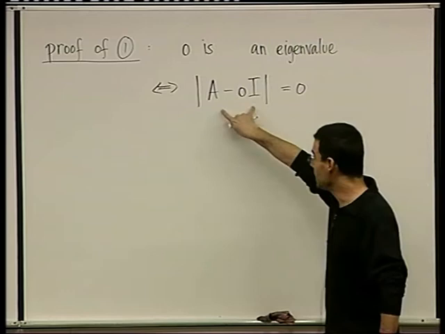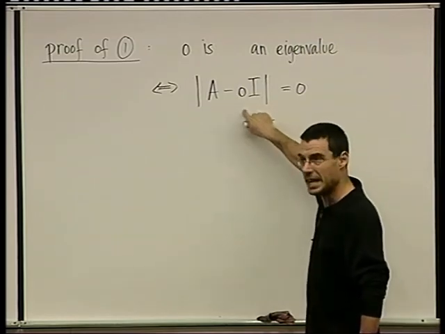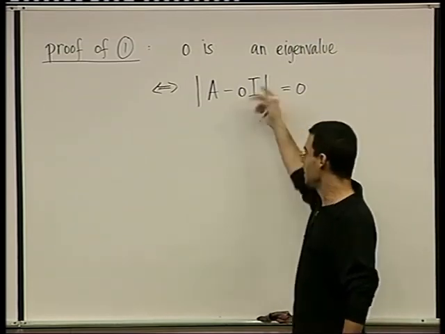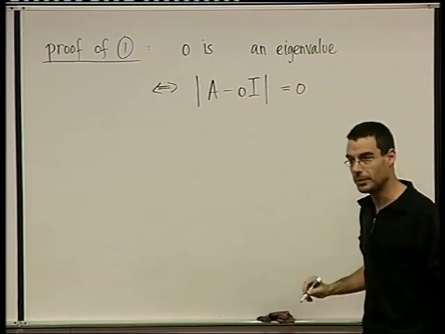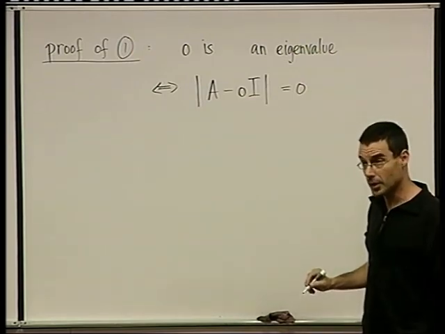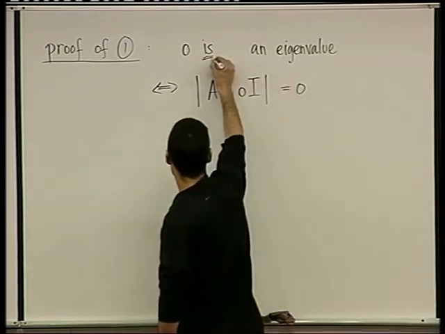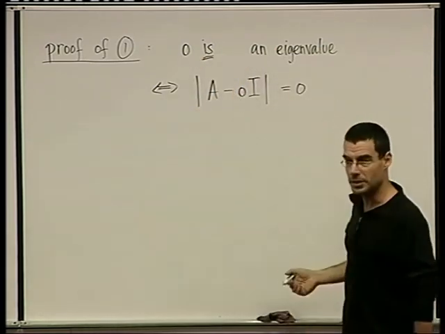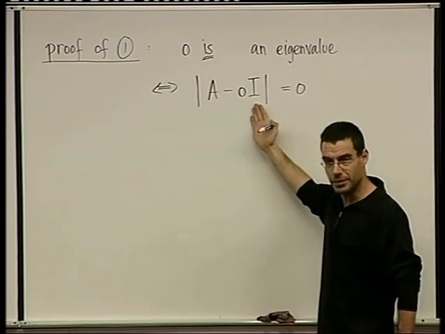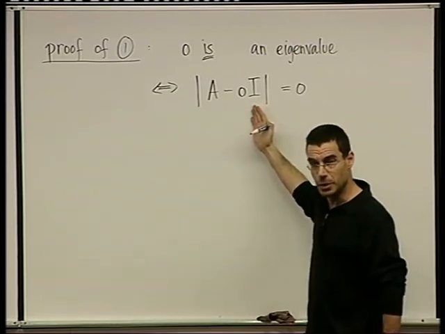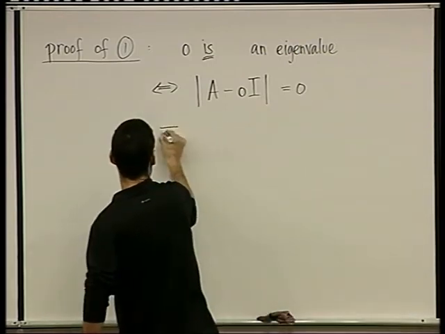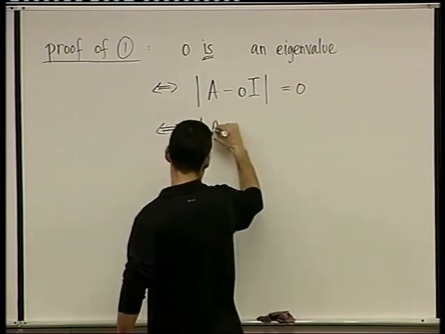That the determinant of A minus alpha I with that alpha is 0, that it's a root of this characteristic polynomial. Do you agree? Good? So 0 is an eigenvalue if and only if this determinant is 0, but subtracting 0I is not doing much, so that's if and only if the determinant of A is 0.